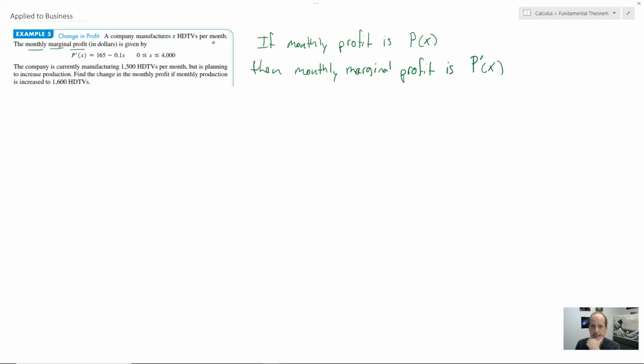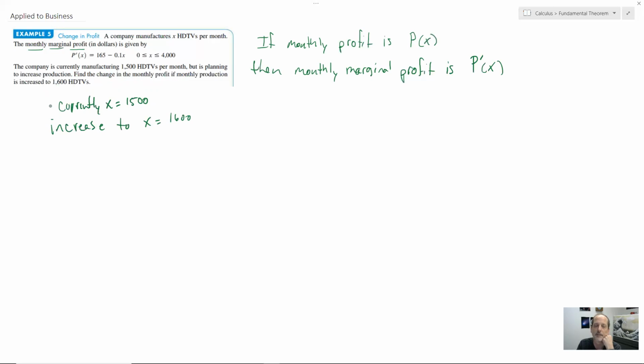So the company manufactures x HDTVs per month, and P prime of x is 165 minus 0.1x, and this is just a domain. The company is currently manufacturing 1,500, and is planning to increase production, and we want to find the change in monthly profit.